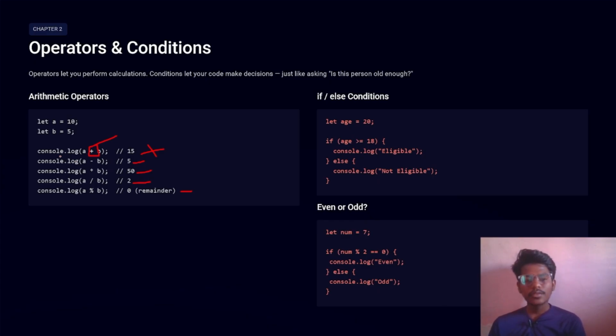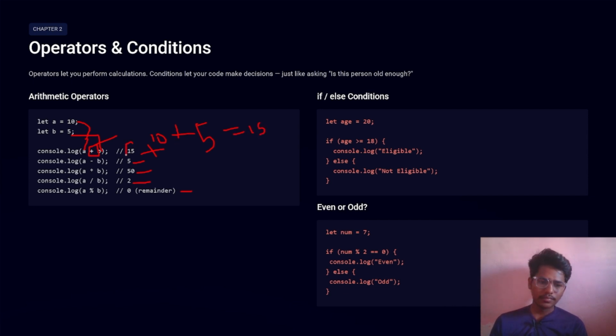In the same way, console.log a plus b. Here, the addition operator is used, then the output will be: the a value is 10, and the b value is 5. 10 plus 5, what will be the answer? It will be 15.